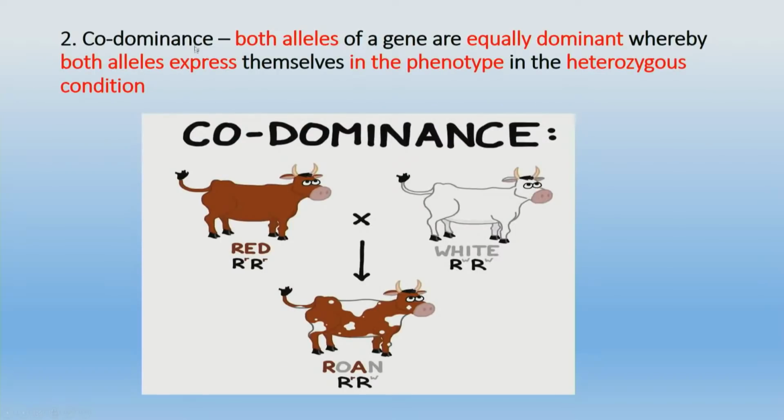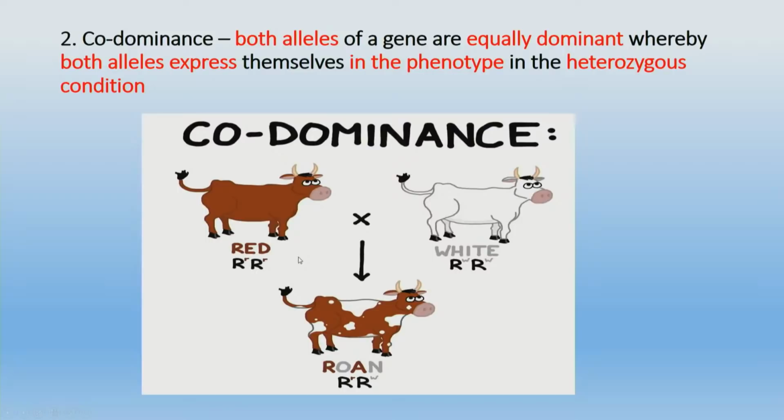If we look at codominance, both alleles of a gene are equally dominant, whereby both alleles are expressed in the phenotype. So this one is expressed, and this one is also expressed in the heterozygous condition. So this is a heterozygous organism. Both of them are equally dominant and both of them are expressed.